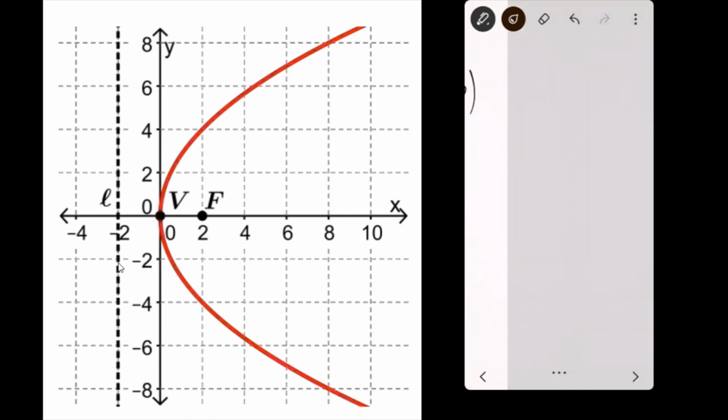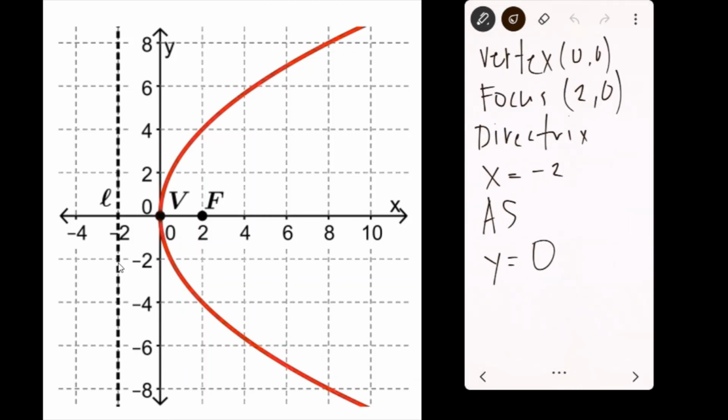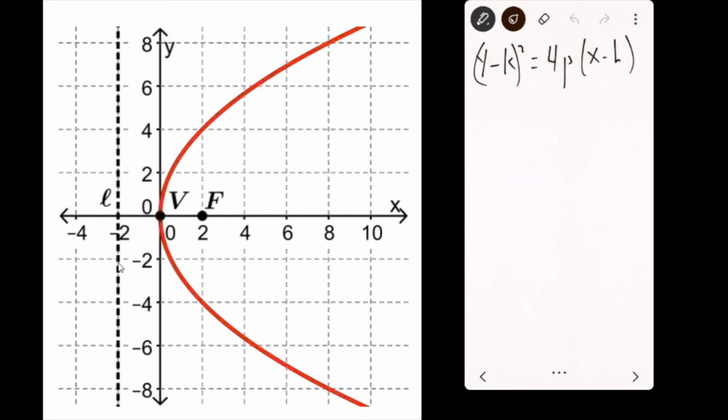Now, sulat natin yung equation. Since it's sideways, y minus k squared equals 4p times x minus h. So ang value ng k natin, our vertex is 0, 0. Therefore, 0 lang yun.